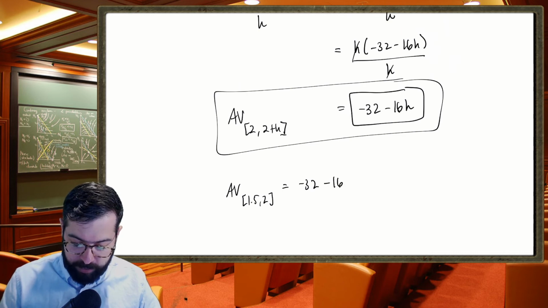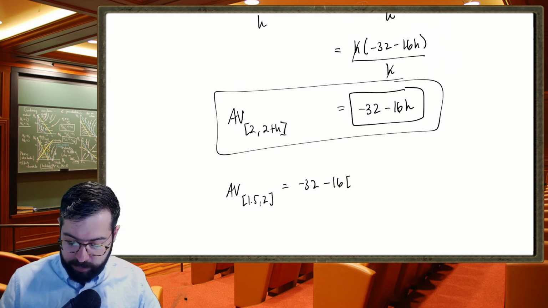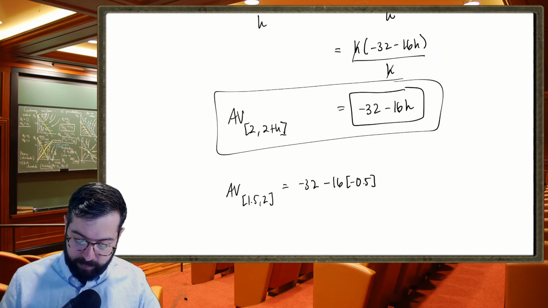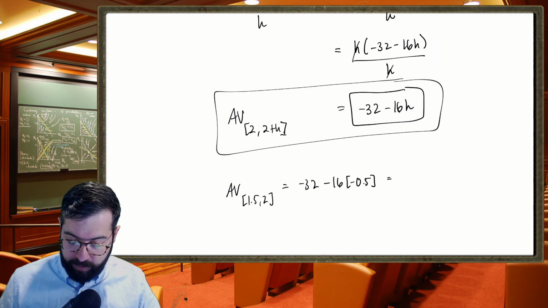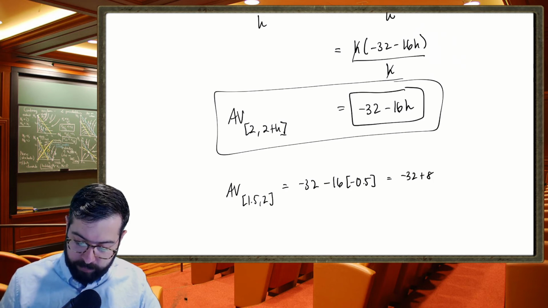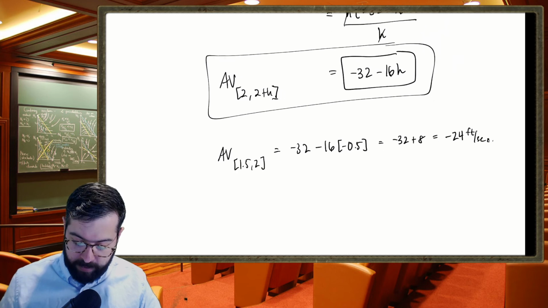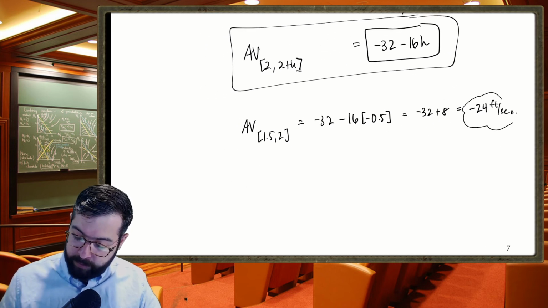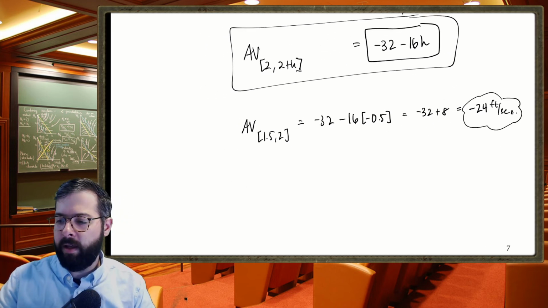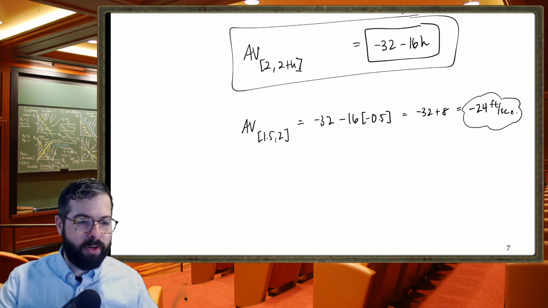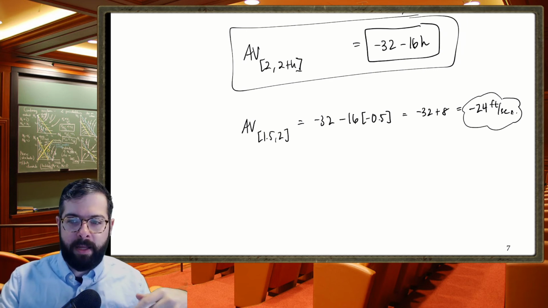And what was the nudge for 2 to get to 1.5? It was negative 0.5. Okay. And so this will end up being, what, negative 32 plus 8, which is negative 24 feet per second. All right. And so is that a good estimate based on what we have? You can go to your graph and see, but it should line up.